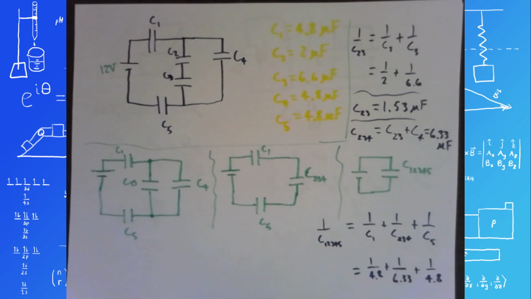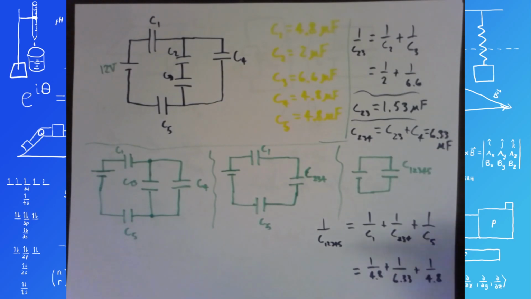Okay, so 1 over, parentheses, 1 over 4.8 plus 1 over 6.33 plus 1 over 4.8. Or I guess you could also write 2 over 4.8 instead of writing 1 over 4.8 twice, but you know, no need to split hairs.